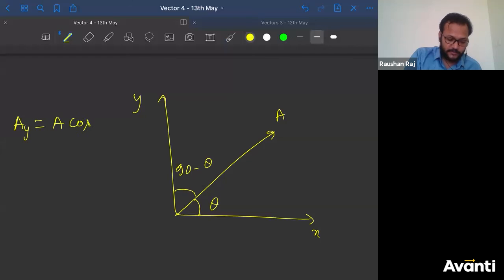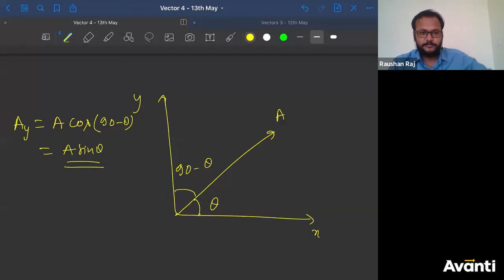A into cos of, what is the angle made by the vector A with y-axis? 90 minus theta. And what is cos 90 minus theta? That is sin theta. So A sin theta. That's it. So you can write that, no problem. But याद करना थोड़ा पड़ता है यार, किसमें sin, किसमें cos. सिर्फ एक cos याद रखो, काम हो जाएगा.